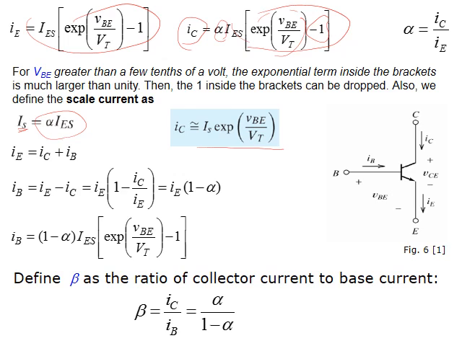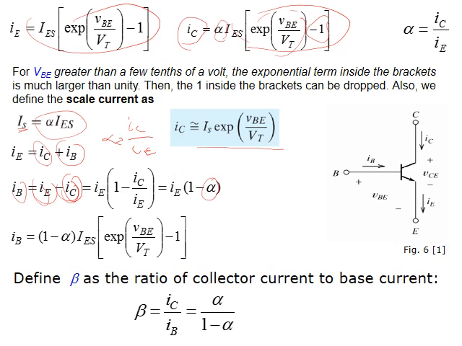I emitter, we mentioned, is I collector plus I base, and I base is I emitter minus I collector. Remember we say I collector over I emitter equals alpha. So substituting here and simplifying, we have alpha over 1 minus alpha times I base. So we have formulas now for I collector, I emitter, I base.